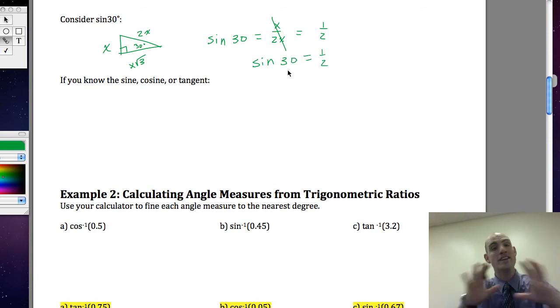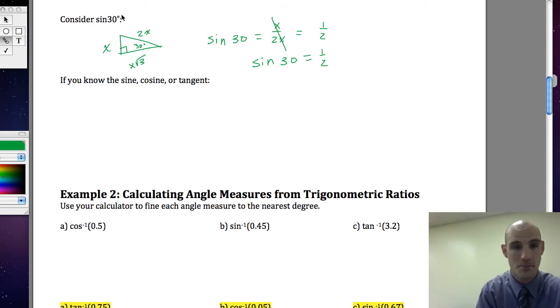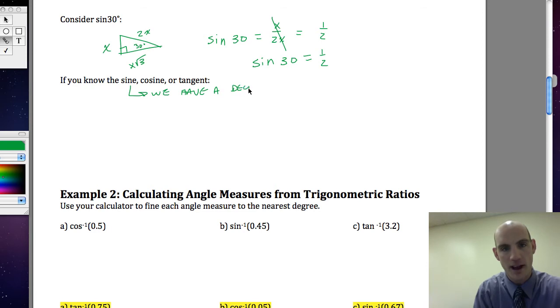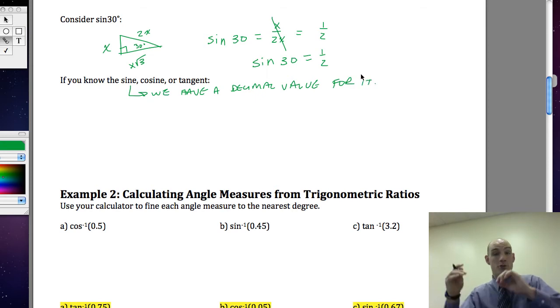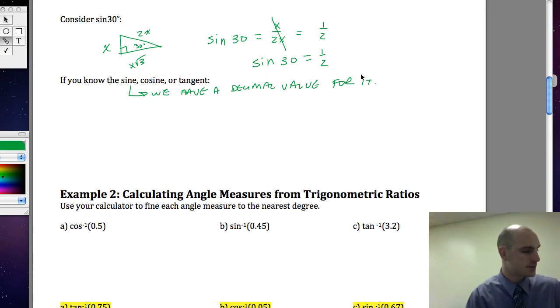That is always true. So what I'm saying is, if we know the sine, the cosine, or the tangent, meaning we have a decimal value for it, we can use inverse ratios. Here's how that works.